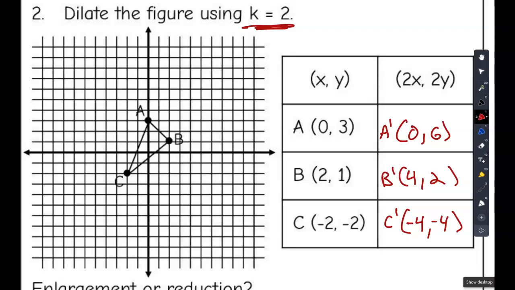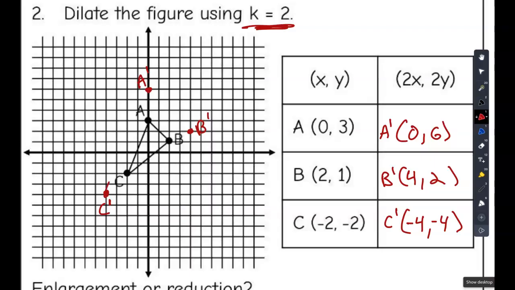Now the next thing we're going to do is plot each one of the points. First I'm going to plot 0, 6, and then 4, 2. This is A prime, this is B prime, and then -4, -4, and that's C prime.